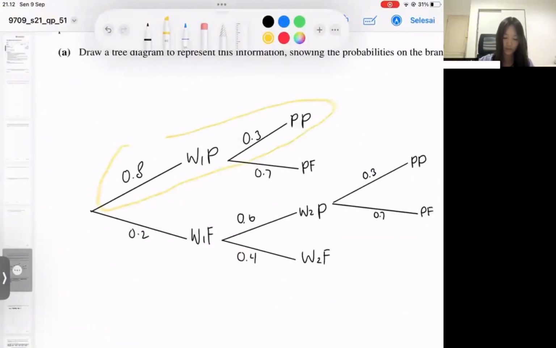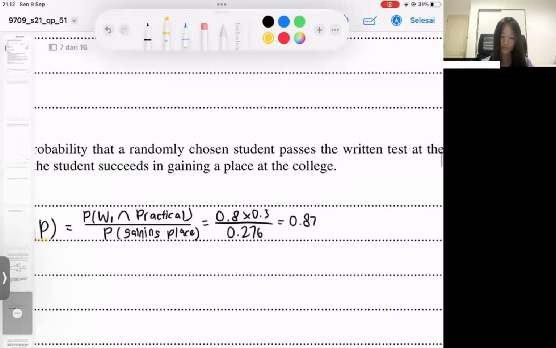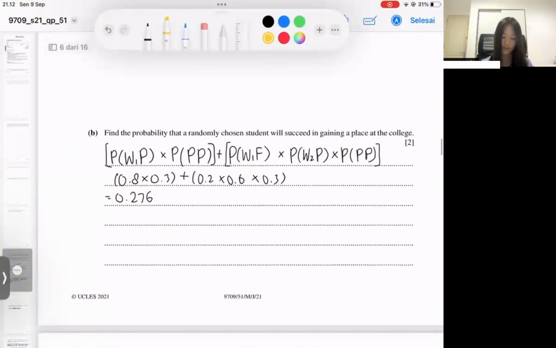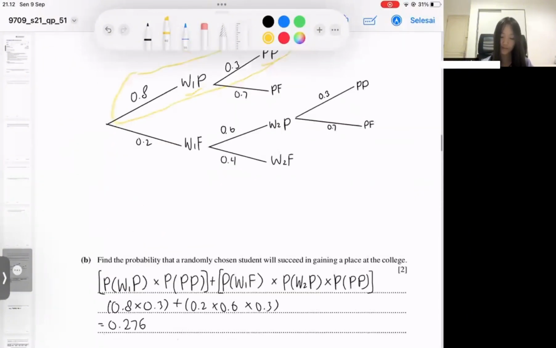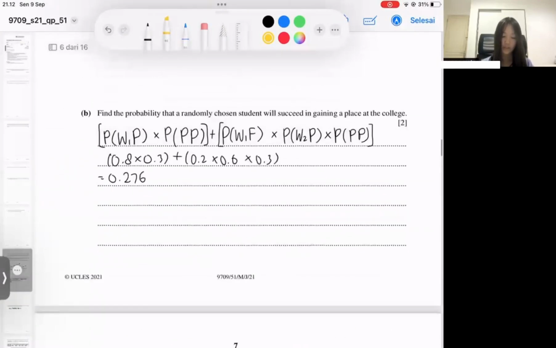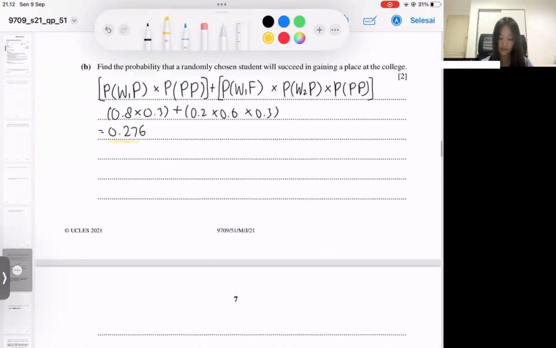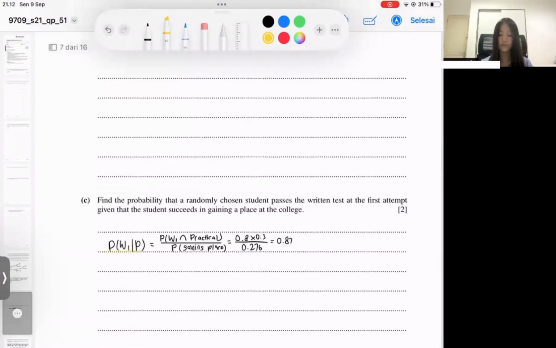So you pass the first test and then you also pass the practical test. That would be 0.8 times 0.3 as written over here, divided by the probability of gaining a place at the college. Previously in B, we found that the probability of gaining a place in college is 0.276. So you just divide those numbers and the result will be 0.87.